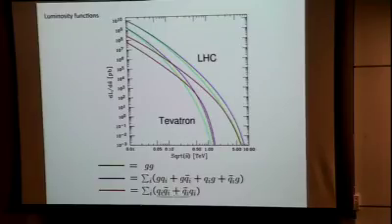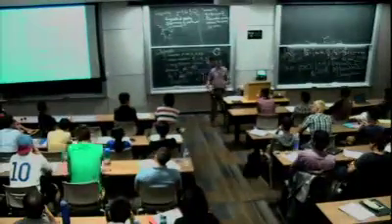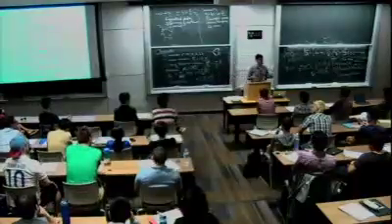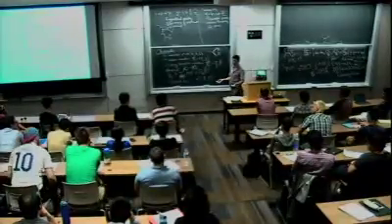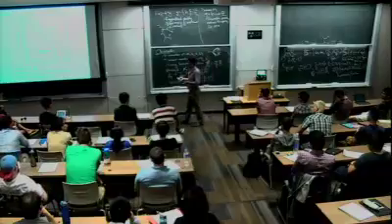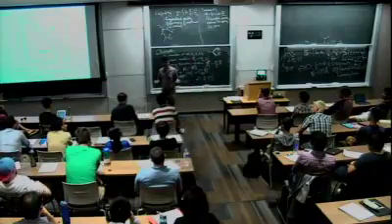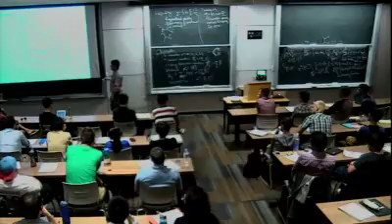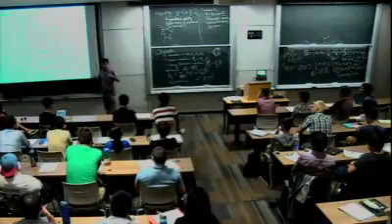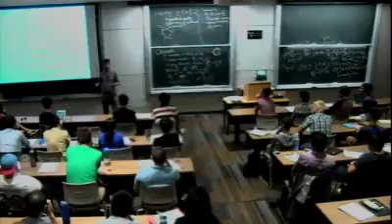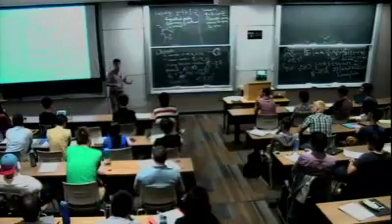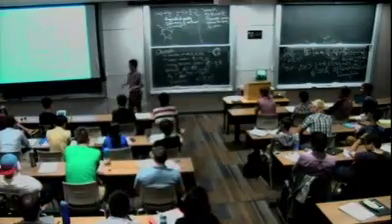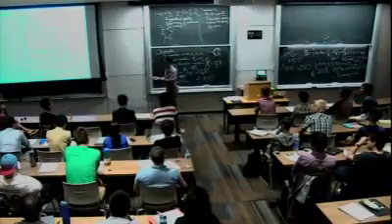But if you're doing an analysis, for example, these luminosity functions were fun for people interested in the diphoton excess, right? Probably half the people in this room have worked on it. We saw a little bit of an excess at 13 TeV, but we didn't really see much at 8 TeV. So why is that? You could ask which partonic processes are not very likely to produce a 750 GeV resonance at 8 TeV, but are likely to produce one at 13 TeV.